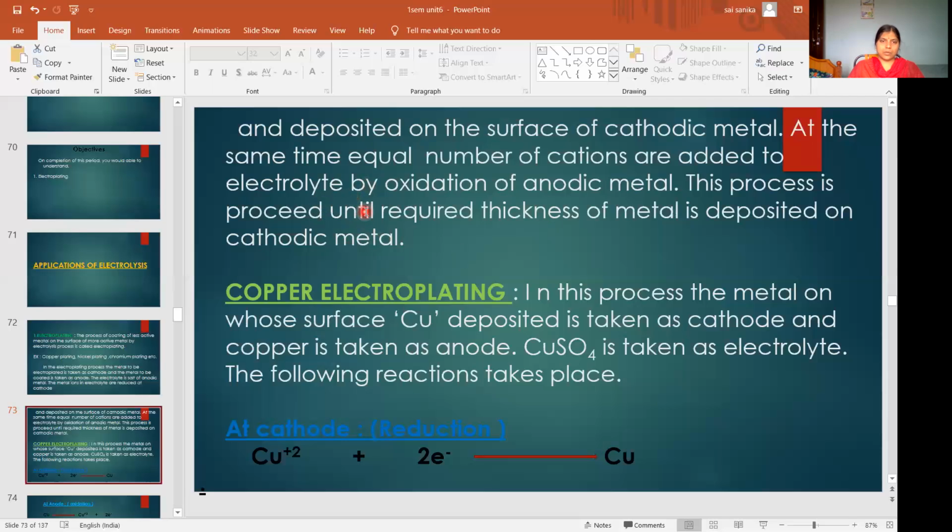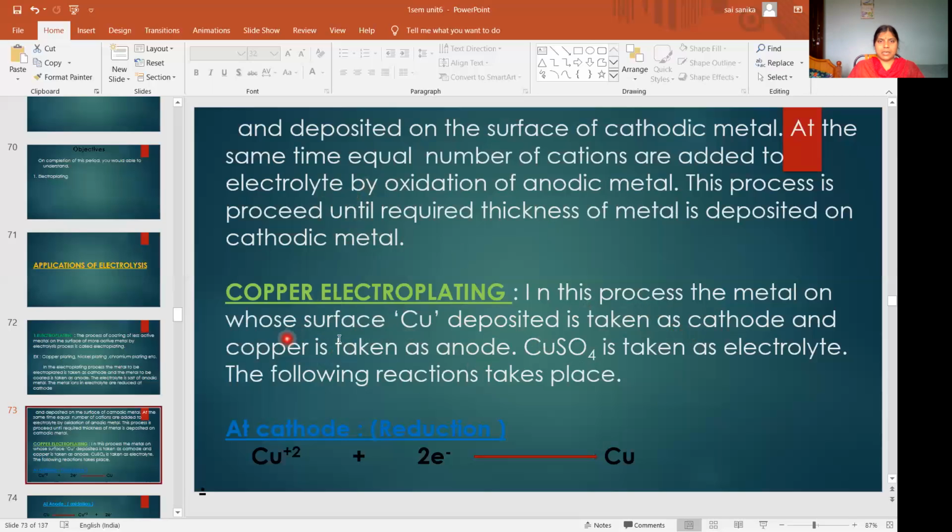Now in electroplating, we will discuss copper electroplating, that means we are depositing copper. In this process, the metal on whose surface copper is deposited is taken as cathode and copper is taken as anode.